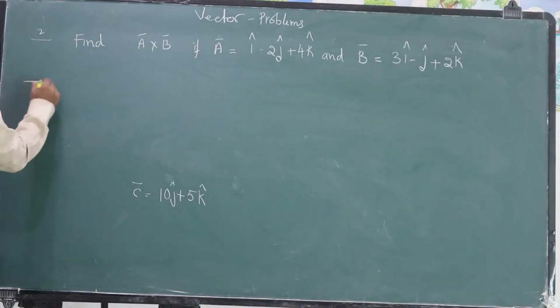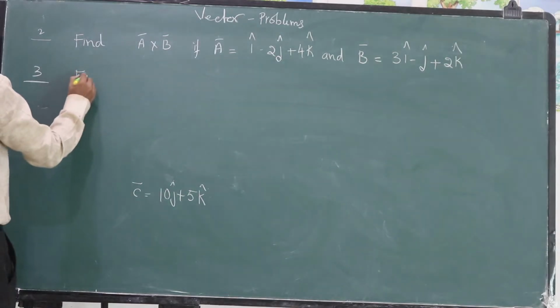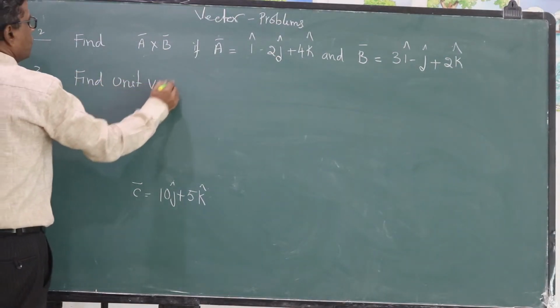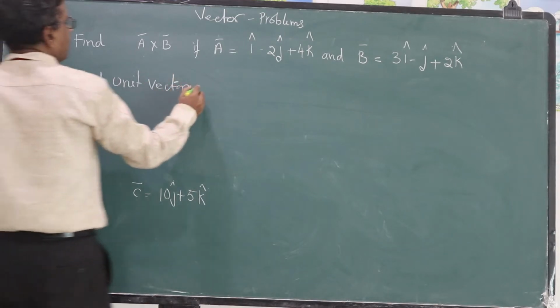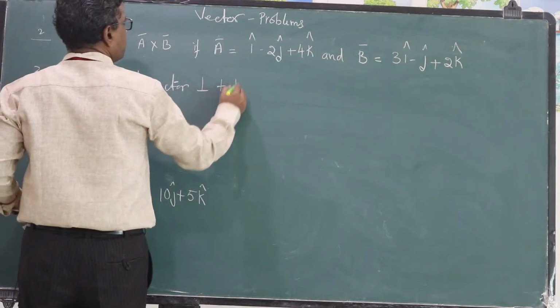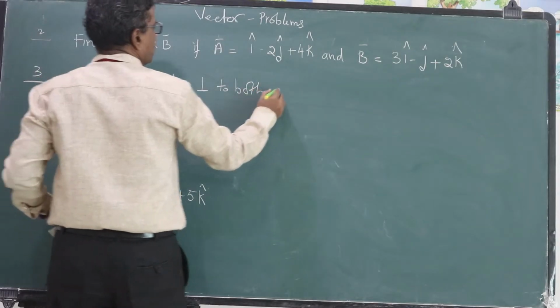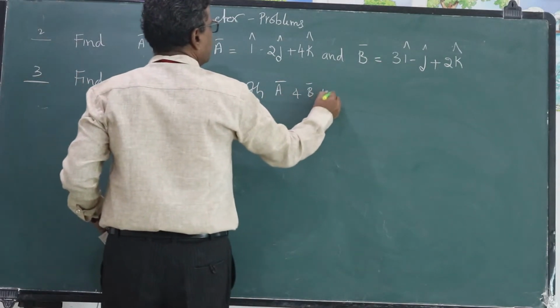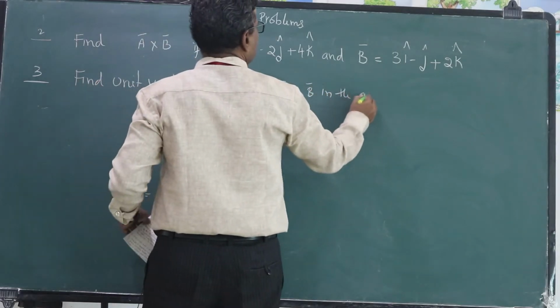Find unit vector perpendicular to both A bar and B bar in the above problem.